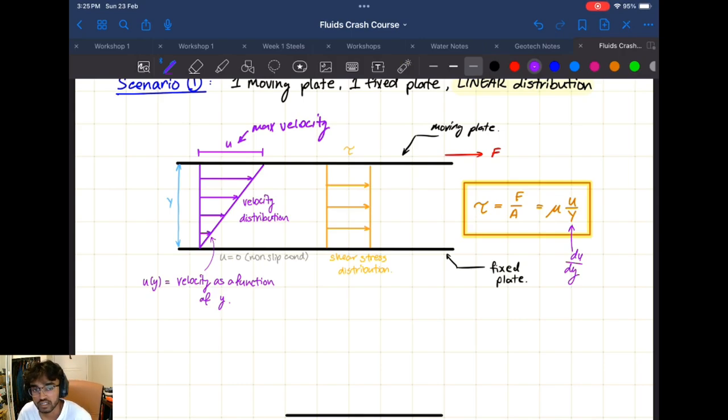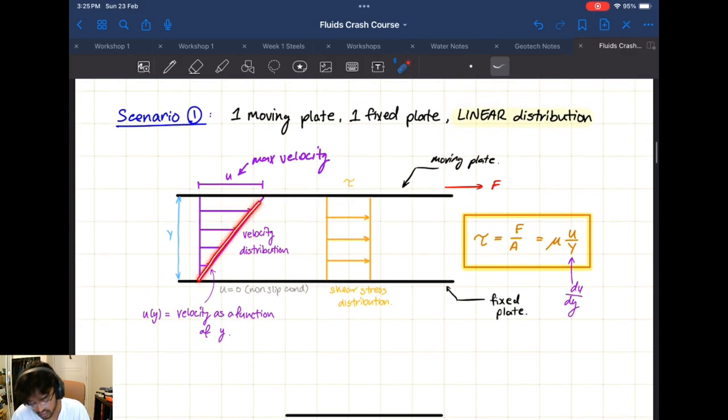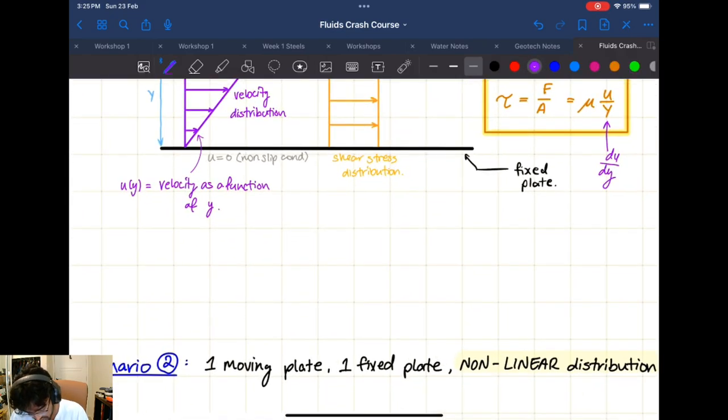Because this is a linear line, you can just use rise over run: the amount that the velocity changes divided by the amount that the height changes. That's pretty much what du over dy means.